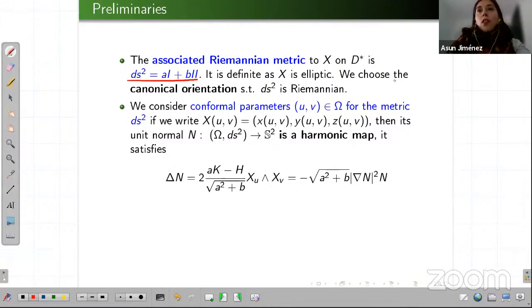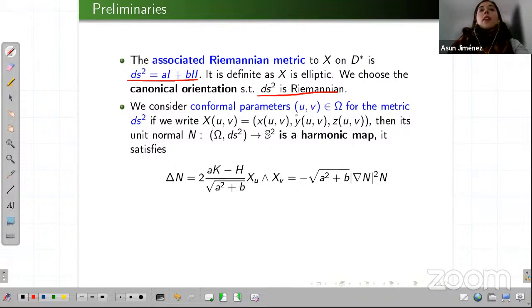So up to a change of orientation, if we prescribe the right orientation, and up to a change of sign of A if necessary, we can assume that this metric ds squared, A times the first fundamental form plus B times the second fundamental form, is a Riemannian metric associated to the surface.